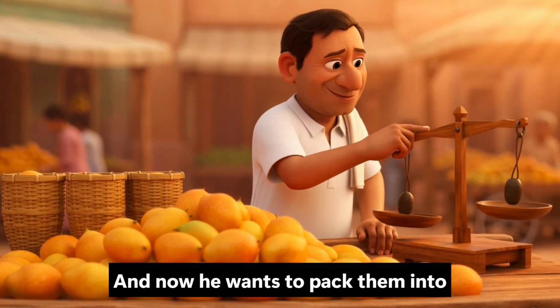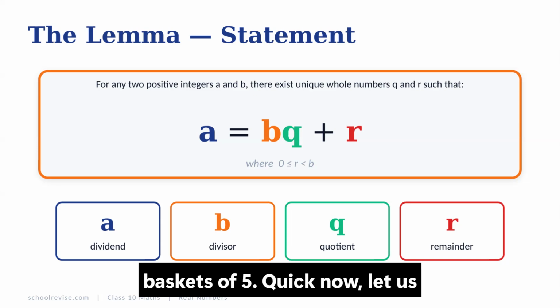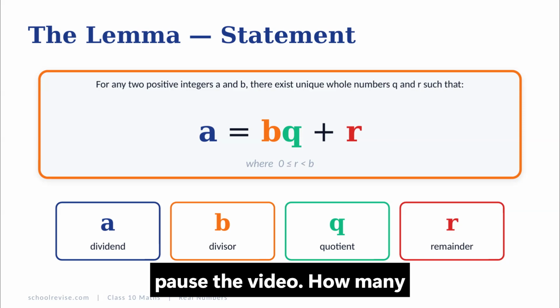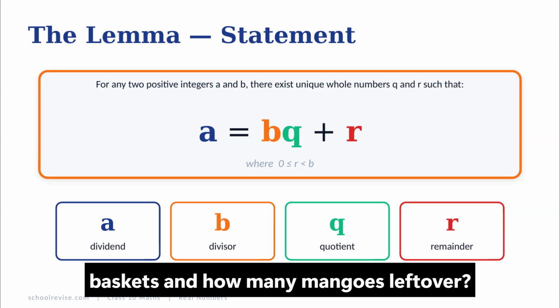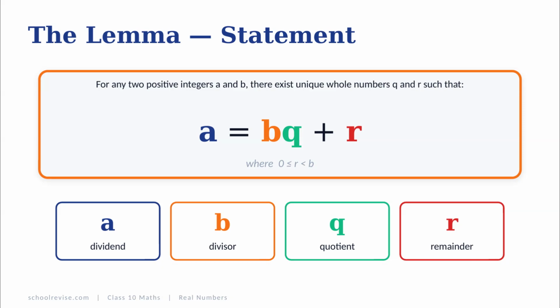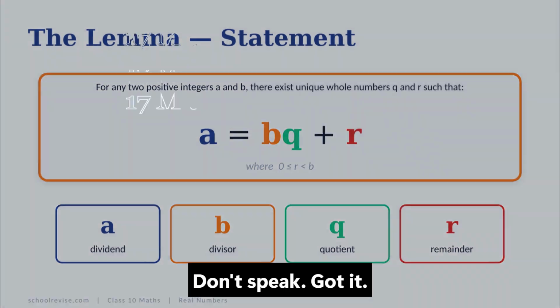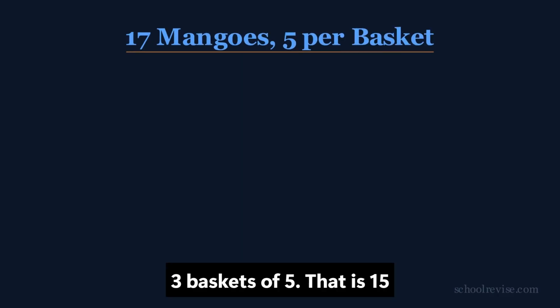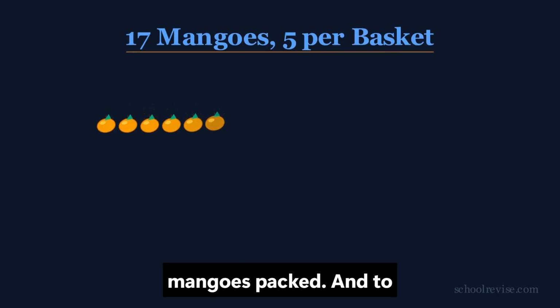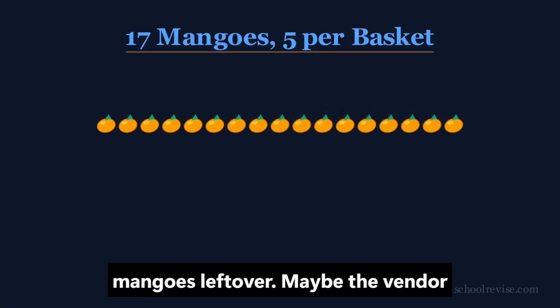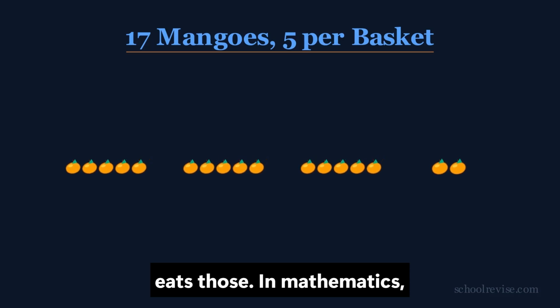And now, he wants to pack them into baskets of 5. Quick, let us pause the video. How many baskets? And how many mangoes left over? Don't peek. Got it. 3 baskets of 5, that is 15 mangoes packed, and 2 mangoes left over. Maybe the vendor eats those.